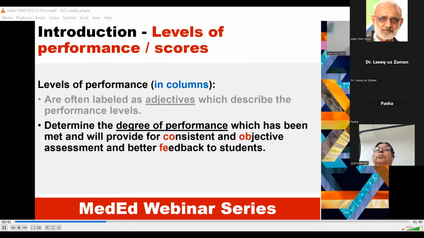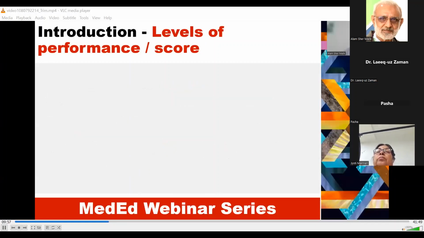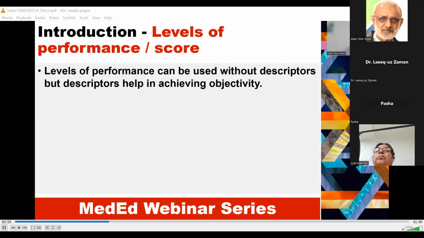They determine the degree of performance which has been met and will provide for consistent and objective assessment and better feedback to students. Levels of performance tell students what they are expected to do. Level of performance can be used without descriptors, but descriptors help in achieving objectivity.